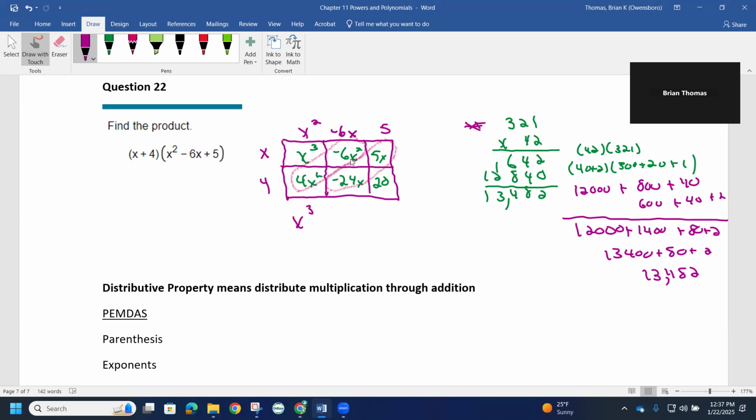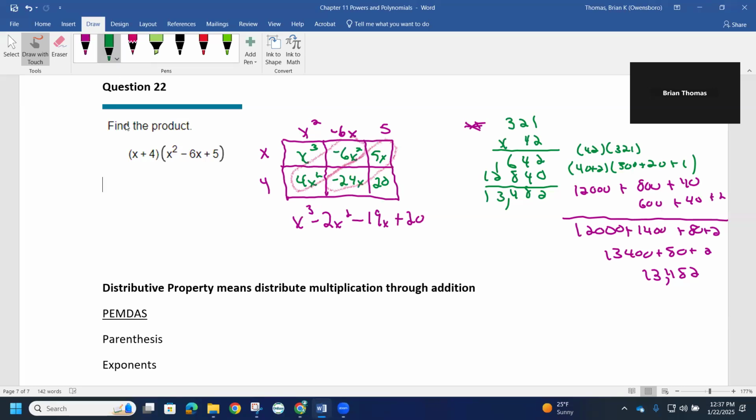Remember, these are like terms, so you combine the coefficients to keep the variable part. That's going to be a minus 2x squared. And then the negative 24x and the 5x, again, we have like terms. So negative 24 and a 5 would give me a negative 19x. And then the 20 would be coming down. So I'd have that.